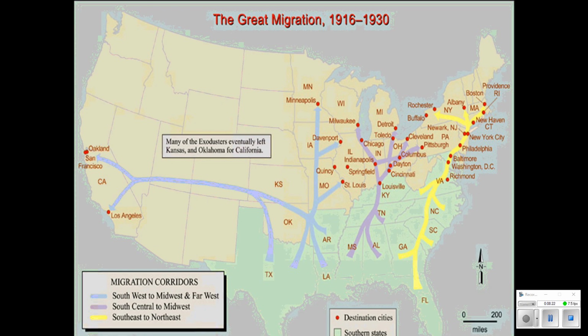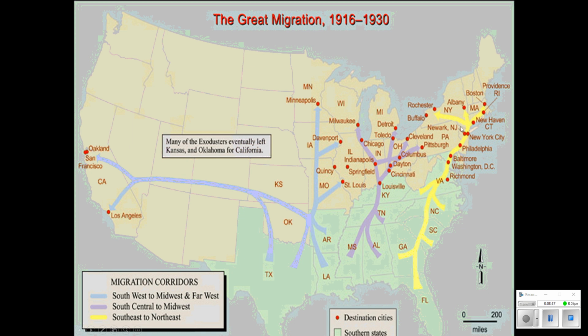So this is just a map showing the Great Migration, which I talked about earlier in the slides. This is the movement of African Americans out of the Deep South, mostly following trains that went up into the northeastern big cities like Baltimore, Boston, and Buffalo, New York.